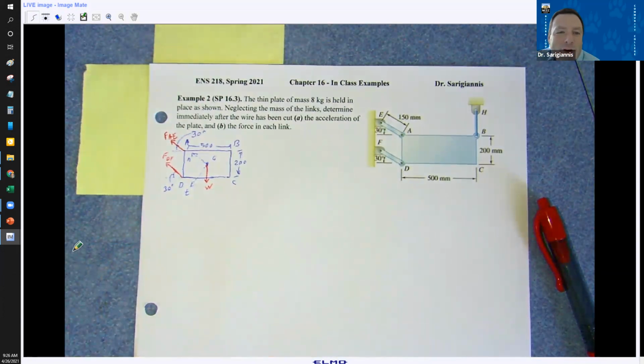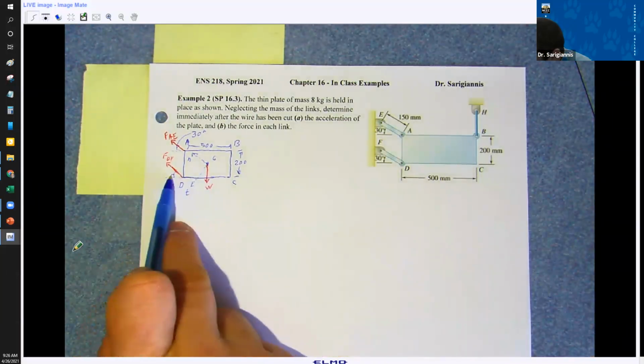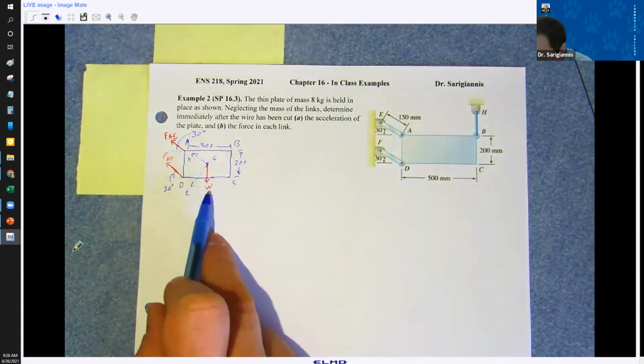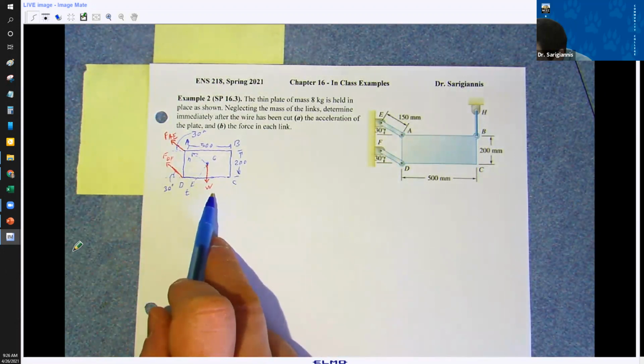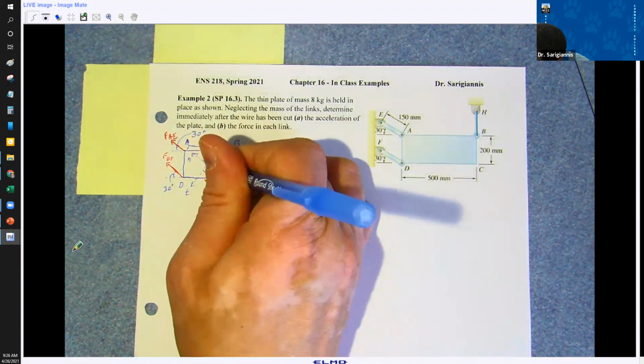I'm just going to autofocus this for a minute because it looks kind of blurry. Or I'm just getting old. So each of these has different components, right? We've got the forces along the links, and then we've got the weight. And obviously this is going to be 30 degrees as well, right?